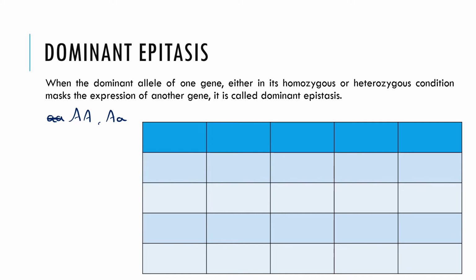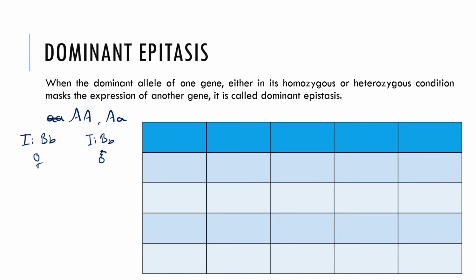So let's say the parents are heterozygous and heterozygous, and this is one of the inhibiting genes. In the F1 generation, we have the genotype like this in the mother and the same in the father.